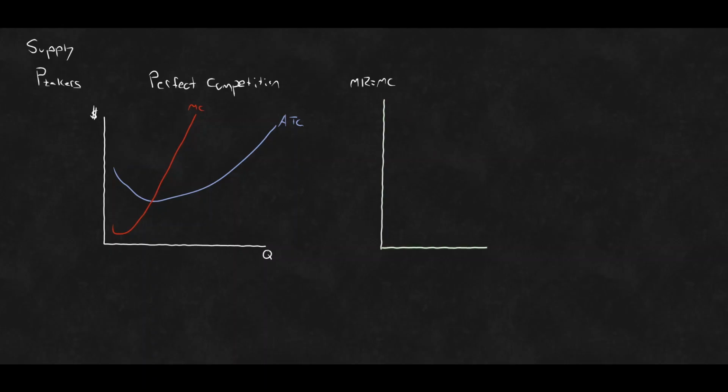There we go. This is our market demand for apples. Again, this is just dollars. This is just quantity. We get this downward sloping demand curve for apples, such that, hey, if apples are cheaper, you want more apples. If apples are more expensive, you want fewer apples.